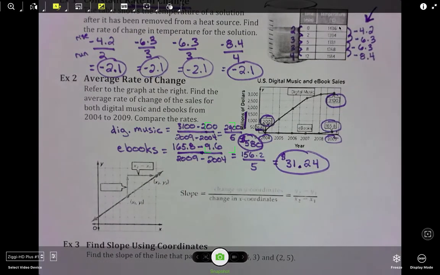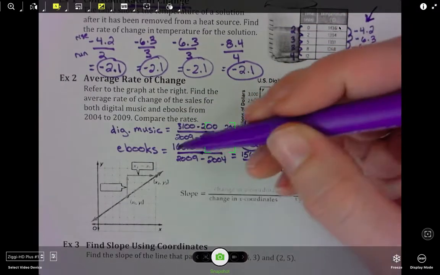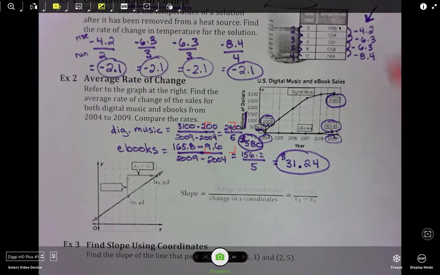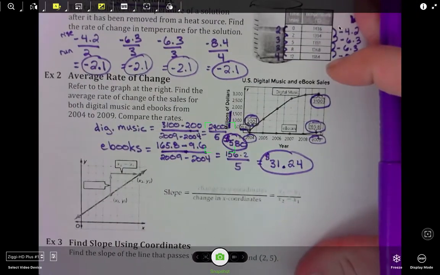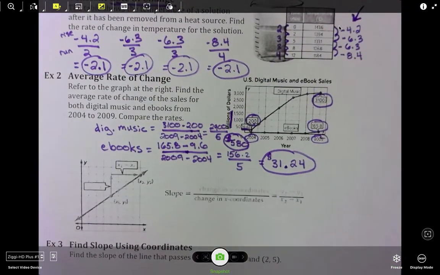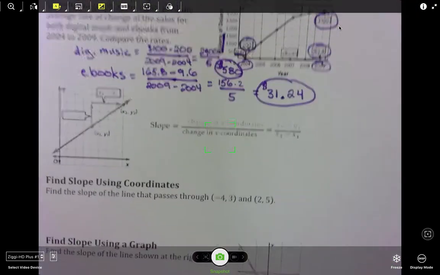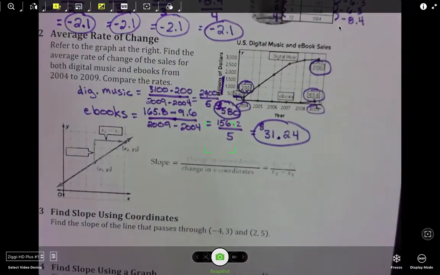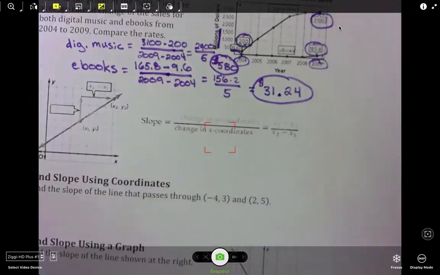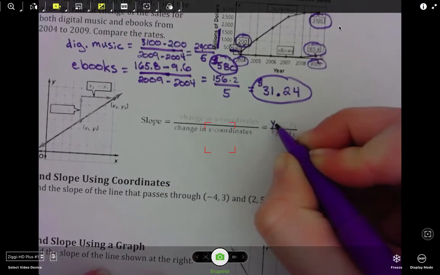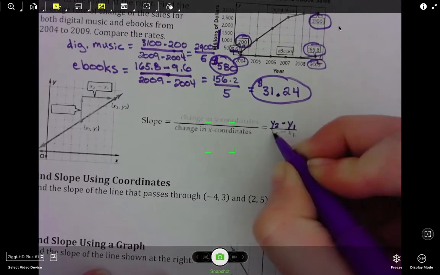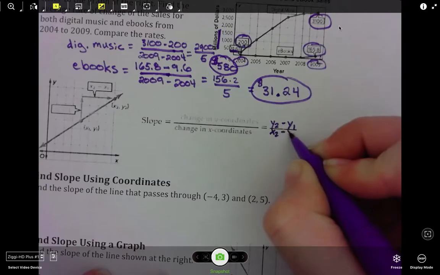Okay. So rate of change is the y coordinates over the x coordinates, or how much it's rising over how much it's running. You should probably be familiar with the slope formula, which is this next one. It's essentially what we just got done doing. If you can't see this very well, this says y2 minus y1 over x2 minus x1.